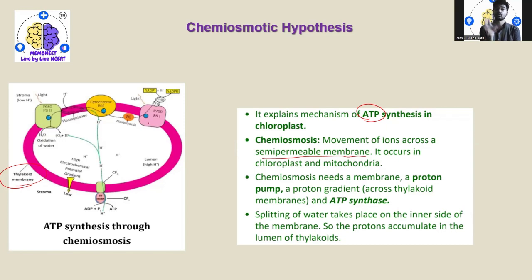When I'm talking about the chemiosmotic hypothesis, chemiosmosis needs a membrane. Once it has a membrane, it also requires a protein pump, and then the proton gradient, through which the protons move and ATP synthesis occurs.